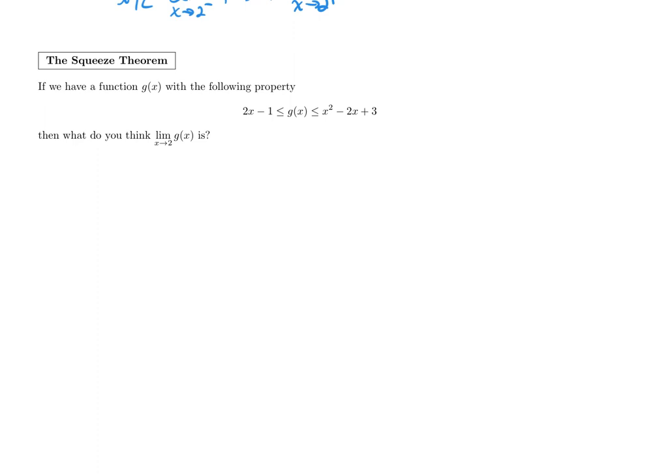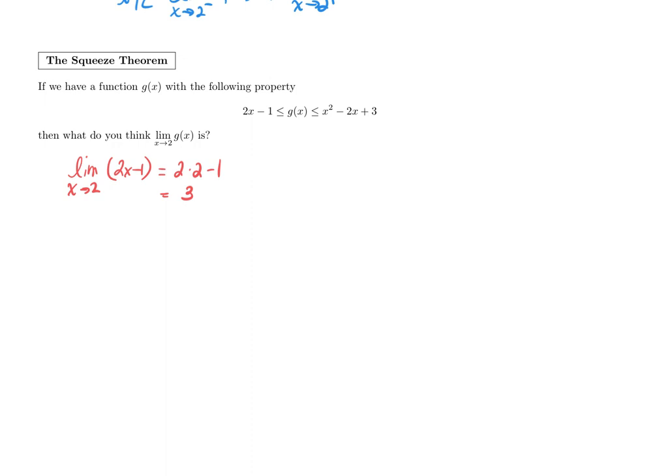So let's see what the limit of each of those is. Let's find the limit as x approaches 2 of 2x minus 1. Well, that's a polynomial, right? It's a line. We can just use direct substitution. That would be 2 times 2 minus 1, or 3.